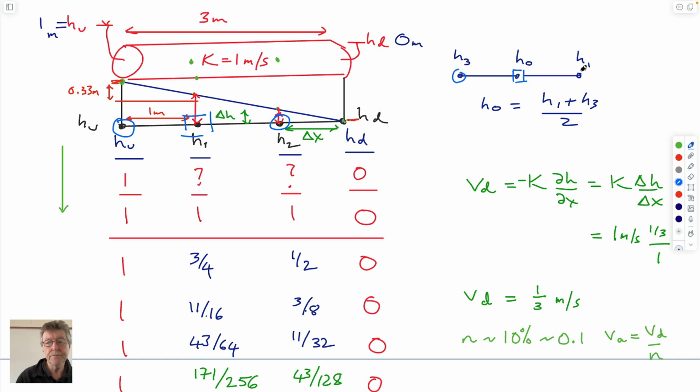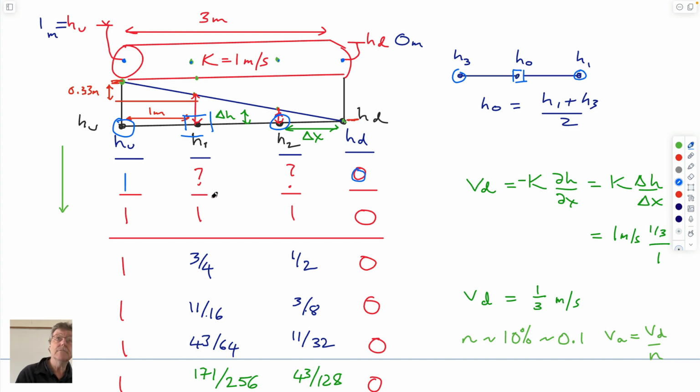And place it here. I digress. First of all, let's think about our boundary conditions. The boundary condition at this node here is a head of 1 meter. We're choosing the boundary condition here as 0 meters for this one. But we don't know what the conditions are here. We still have to solve that.